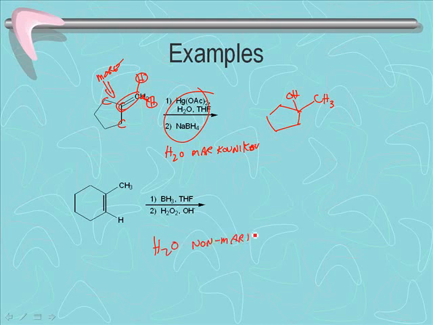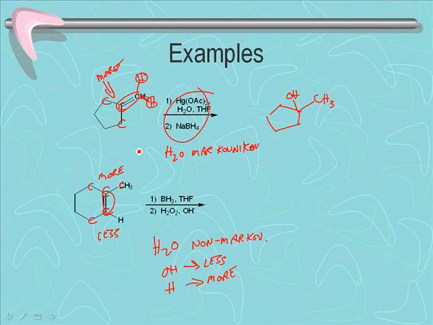That's going to mean that our OH group actually ends up on our less substituted carbon, and our H is going to end up on our more substituted carbon. So we look at the structure and we find out that the bottom carbon is less substituted. The top carbon of the alkene is more substituted. The top carbon will receive the hydrogen. The bottom carbon will receive the OH.